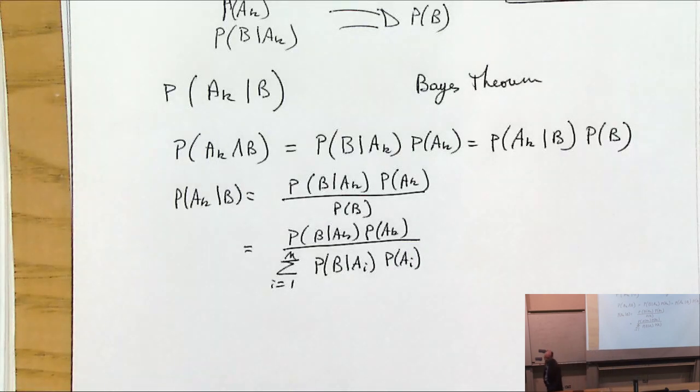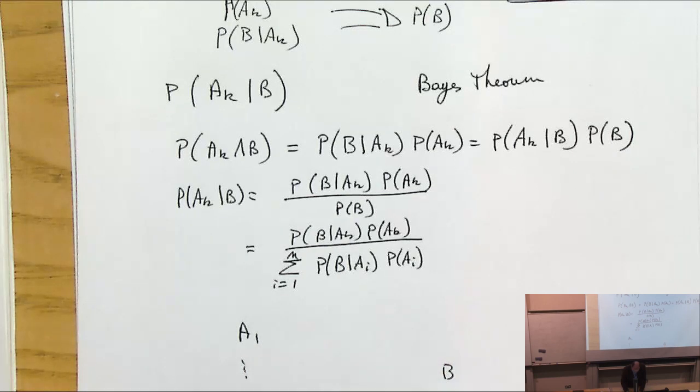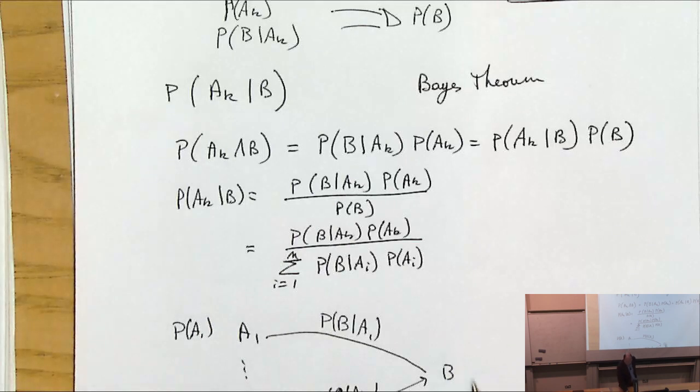Okay, so what do we do here? Again, I have A1, AN, those are the causes. I have B, which is the effect. I have P of B given A1, P of B given AN, P of A1 occurring, P of AN occurring. To compute P of B as a function of this is the law of total probability.